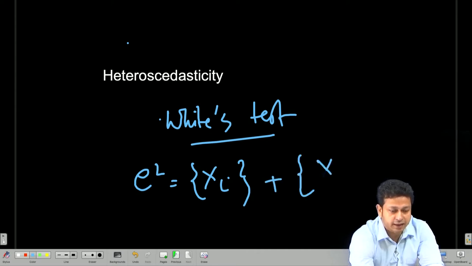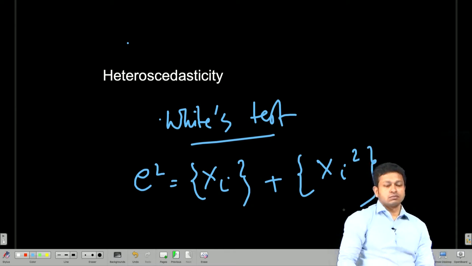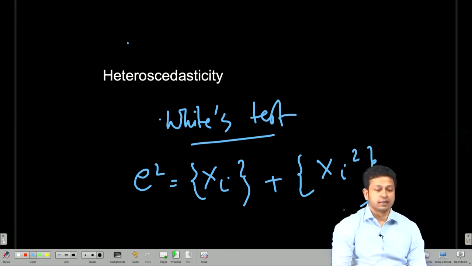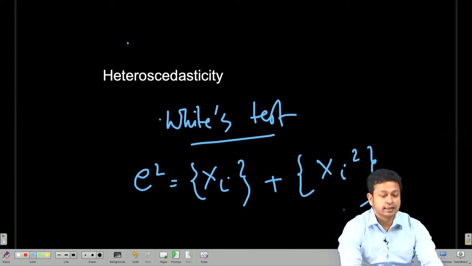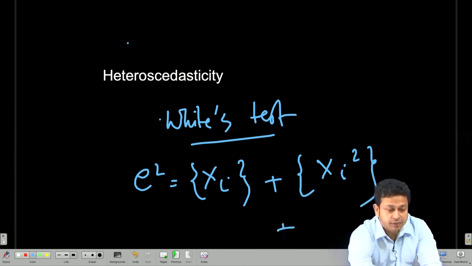So if I have, let's say, education in my xi, I'll take another variable which is education square, and then I will have the cross terms like xi xj, all the cross products of different explanatory variables.